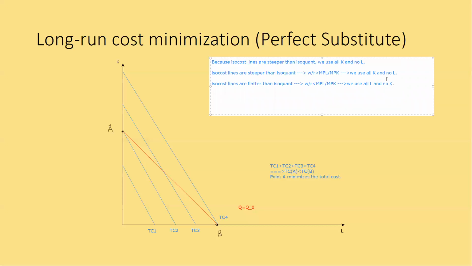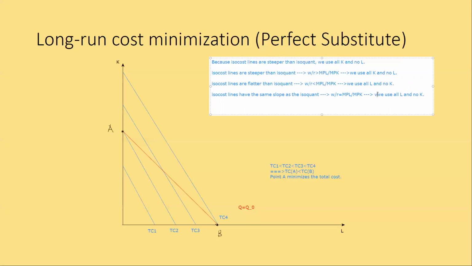And lastly, it is a rather special case when the isocost lines have the same slope as the isoquant. That corresponds to the case where W divided by R is the same as MPL divided by MPK.